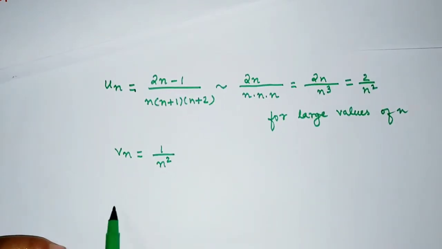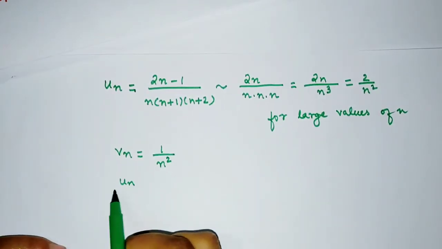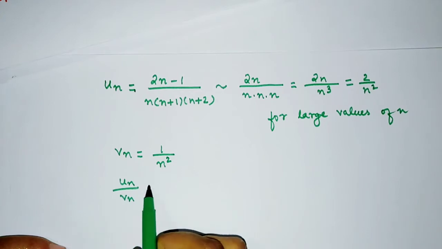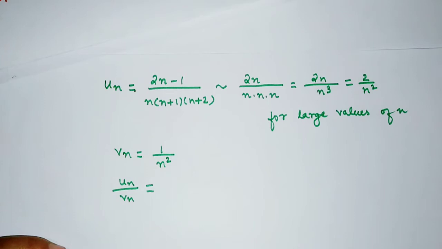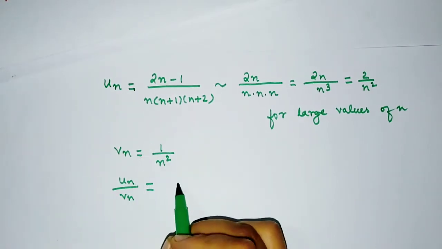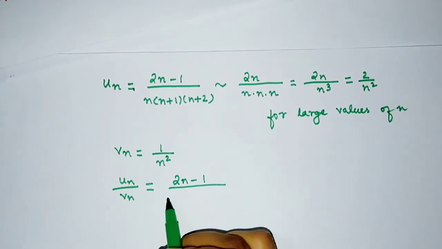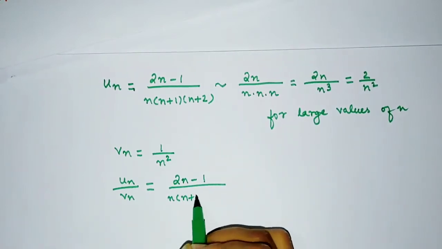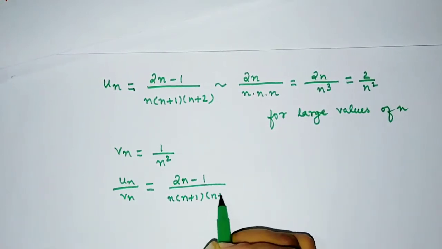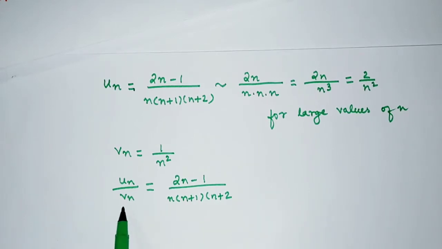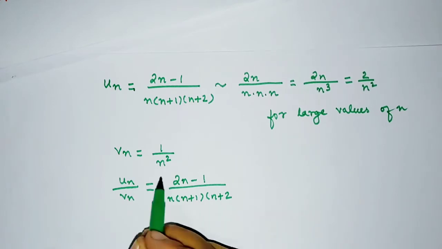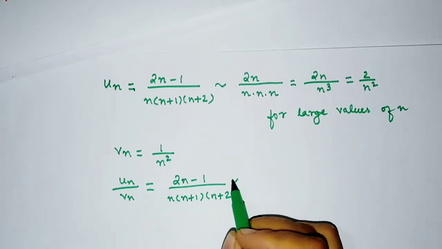Now next, divide un by Vn. What is un? Our un is twice n minus 1 upon n into n plus 1 into n plus 2. Now we divide by Vn, that means we divide by 1 upon n square, so n square comes to the numerator.